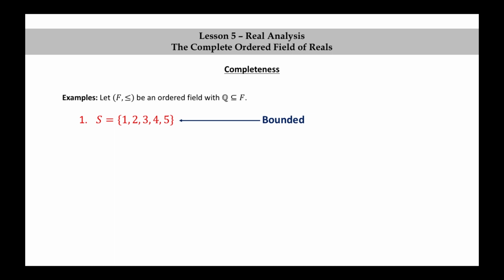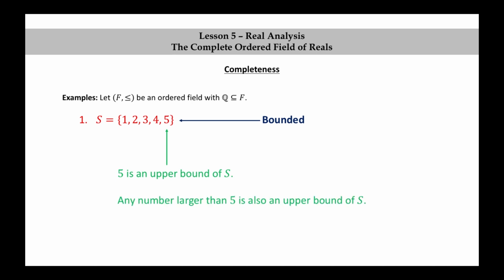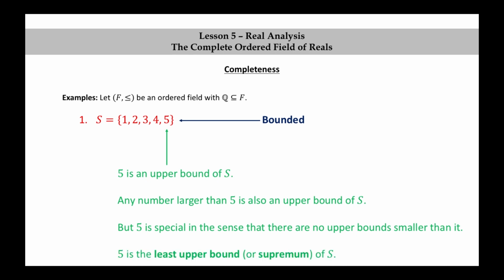This set is bounded. 5 is an upper bound of this set S, and any number larger than 5 is also an upper bound of S. But 5 is special in the sense that there are no upper bounds smaller than it. 5 is the least upper bound, or supremum, of this set S. And we write sup S = 5 for the supremum of S equals 5, or the least upper bound of S is equal to 5.